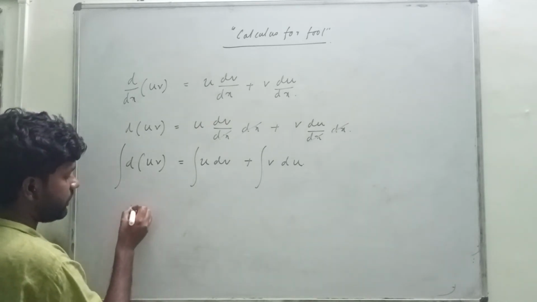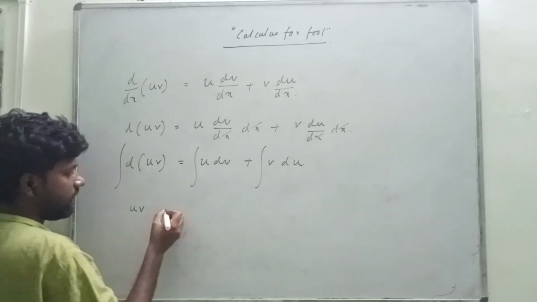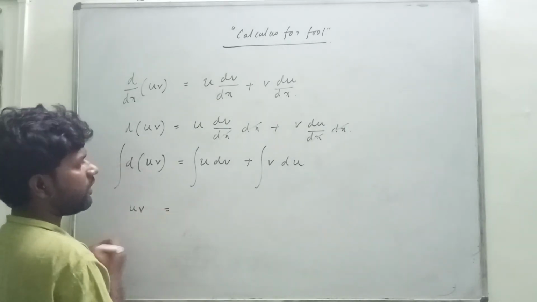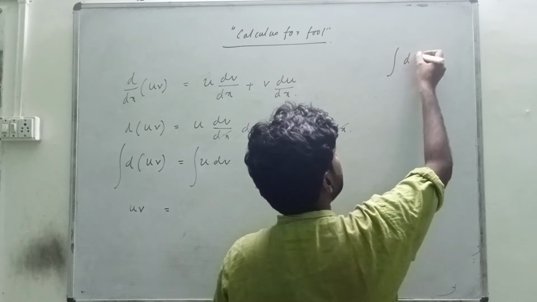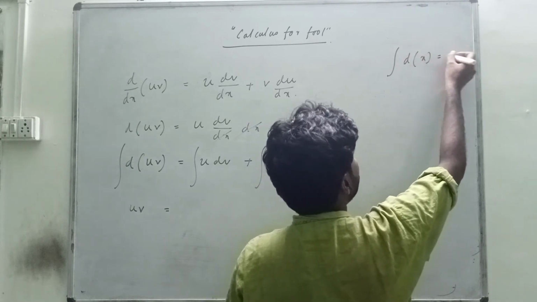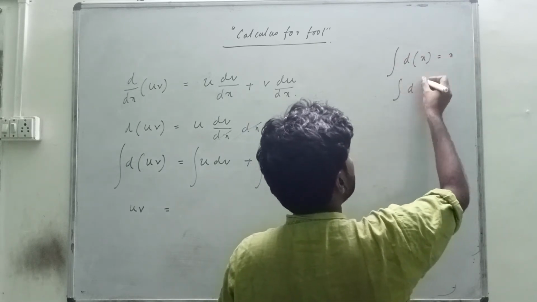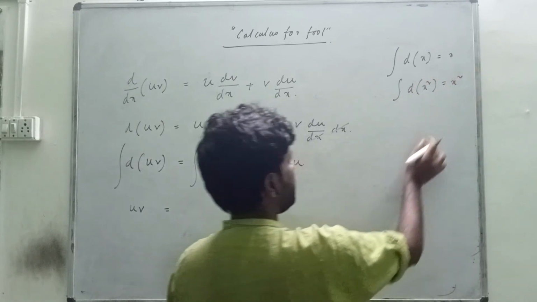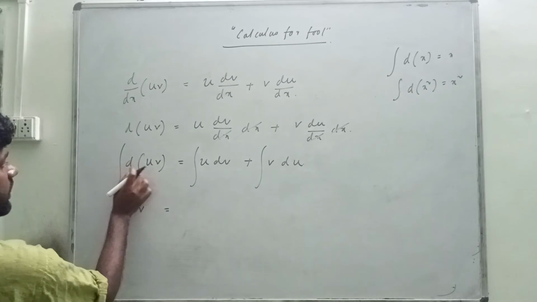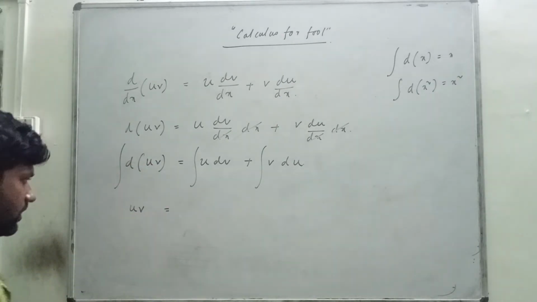You will get here uv, and of course all of you know the integral of dx means x, the integral of d of x squared means x squared, and the same thing here, the integral of d of uv is uv, right?